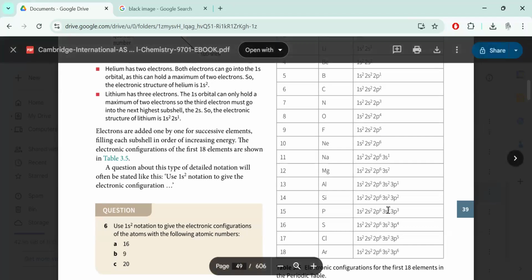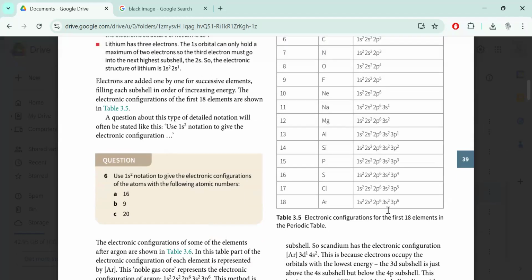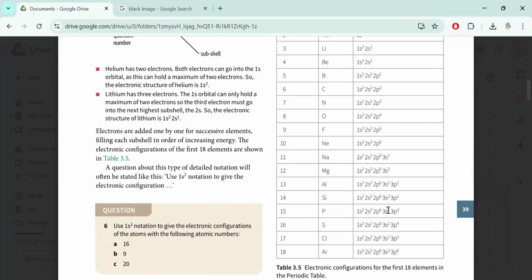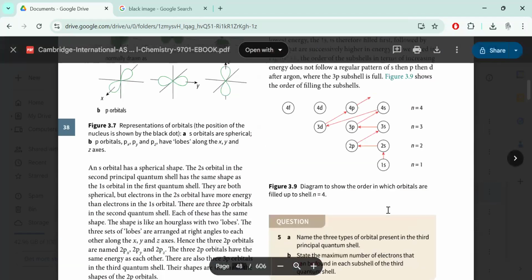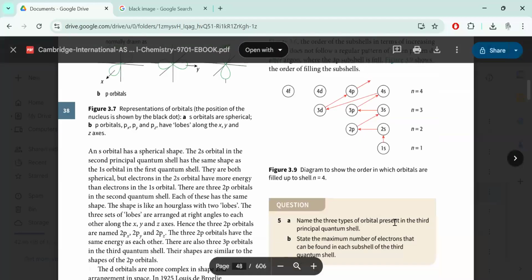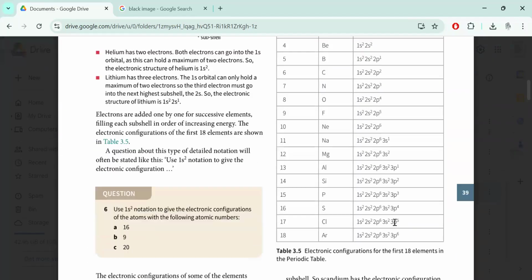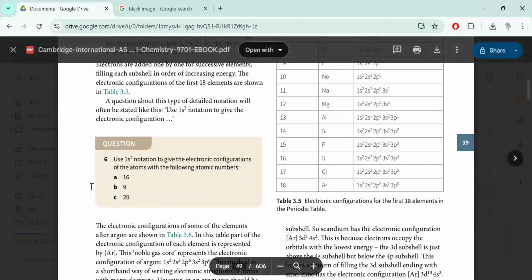So now we have 20 right here. We know that after argon, or after 3p, it is not 3d, but it will go to 4s instead of 3d. So now I'm going to write the electronic configuration for atomic number 20.